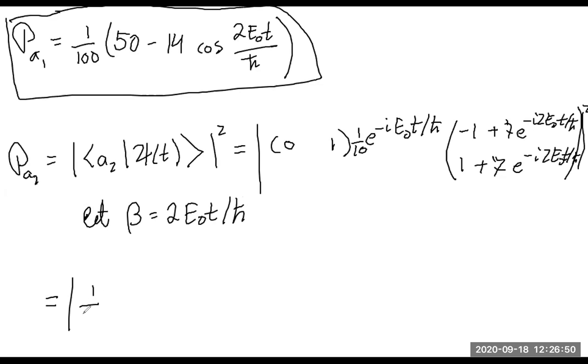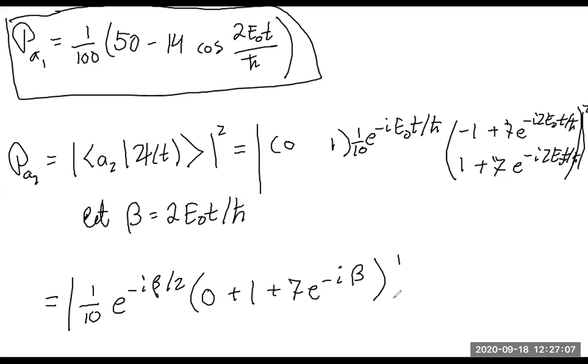So this becomes 1 over 10 e to the minus i beta over 2, and then I get 0 plus 1, so I get 0 plus 1 plus 7 e to the minus i beta, squared. This is much nicer. And then I'll just substitute in my value of beta when I get to the end.